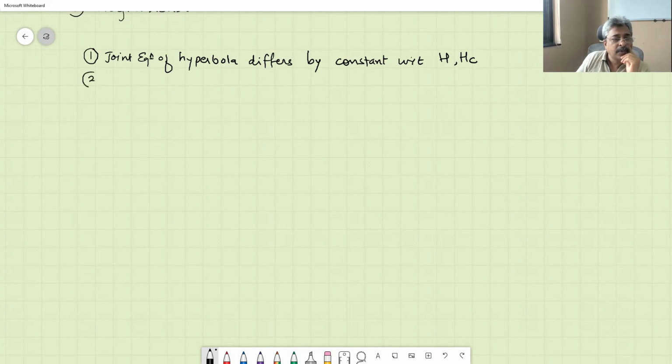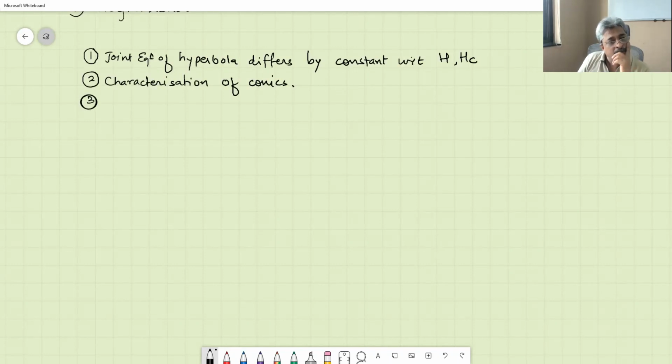Number two, characterization of conics. If a degree 2 equation is given to you, how do you quickly identify what conic it is? That is what this characterization is.